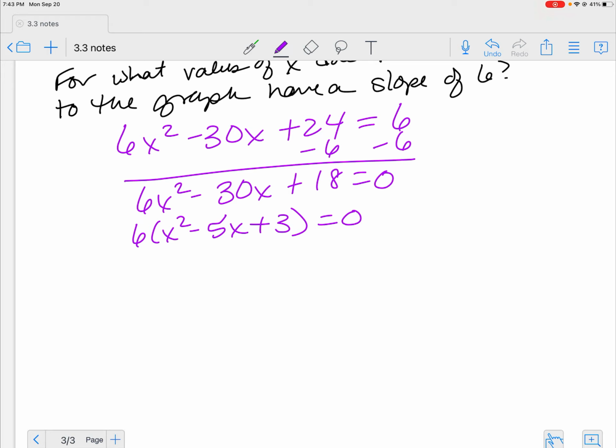If I divide both sides by 6, I get x squared minus 5x plus 3 equals 0. And doggone it, that's not going to factor, is it? There is nothing I can do with 3 that's going to get me that 5. That's no problem.